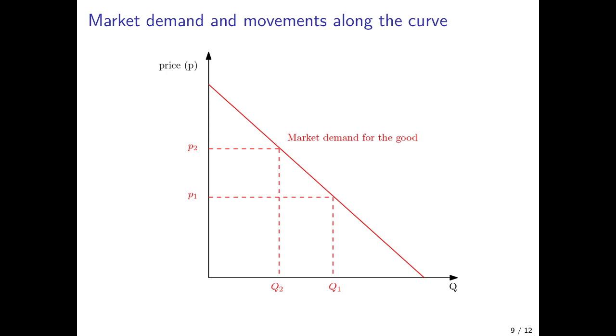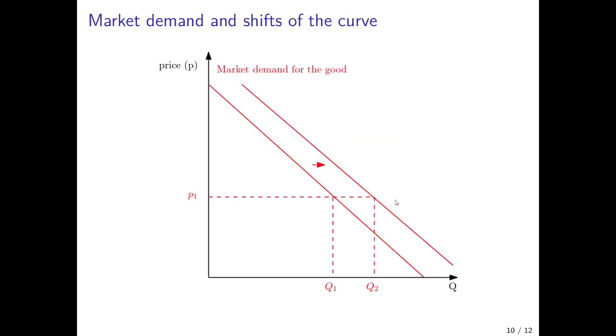Now what would happen, of course, is that individuals would consume less because their demand curves are also downward sloping, and aggregate demand for this particular good, so market demand, would decrease from Q1 to Q2. So again, we see price changes lead to movements along the curve. And again, we see it's reasonable to have a downward sloping demand curve.